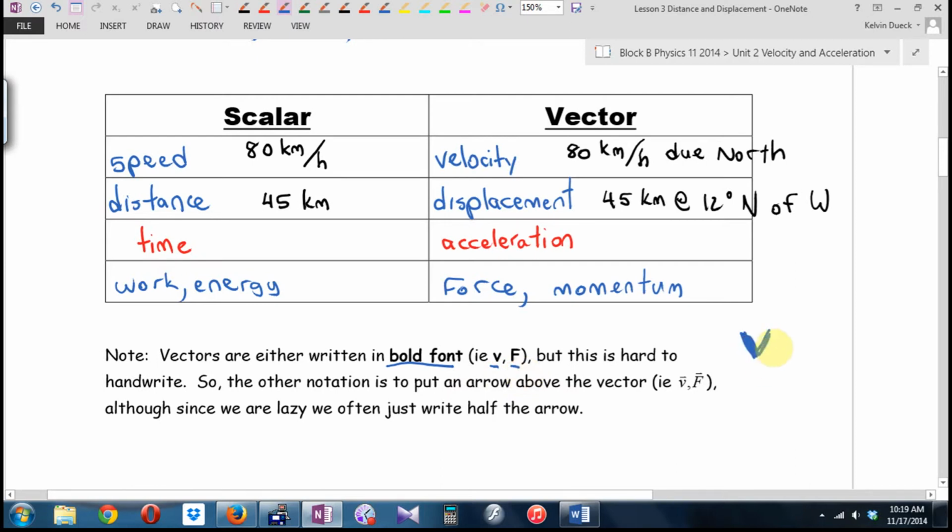So instead, we put an arrow above a vector. Speed, velocity. Oh, and we've gotten lazy over the years. We used to put the full arrow in, but now we just do a kind of half arrow.